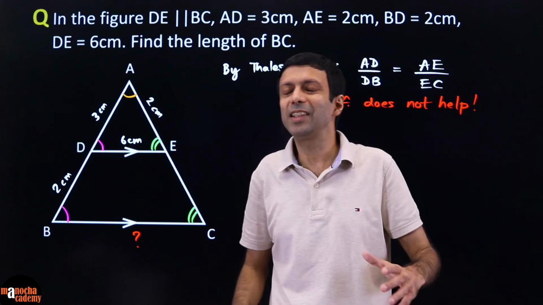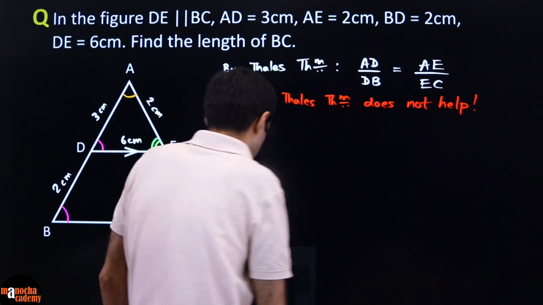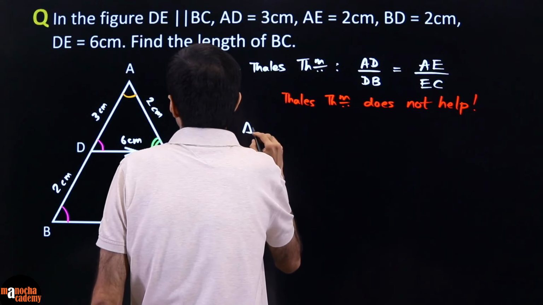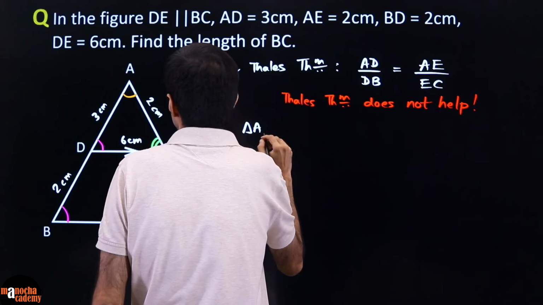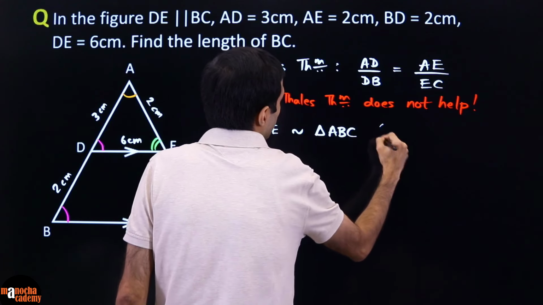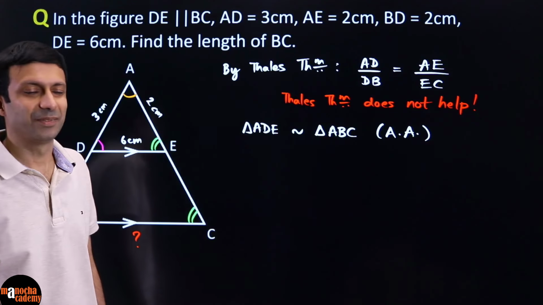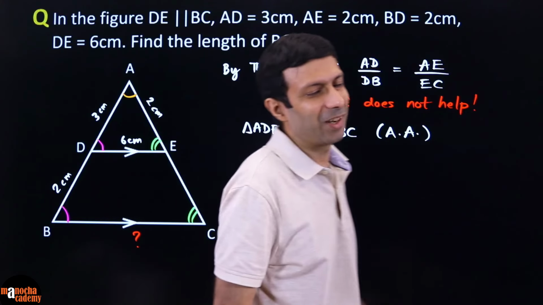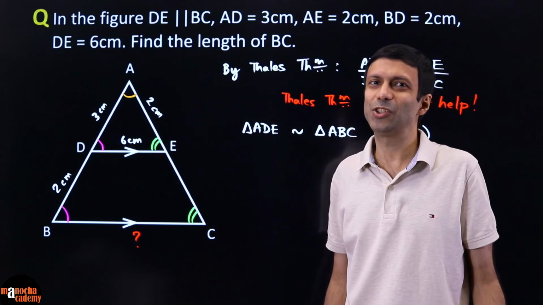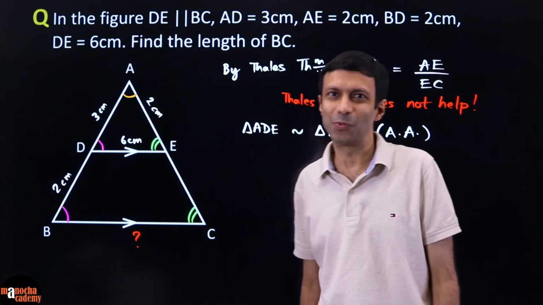So when you can't apply Thales theorem, go to similar triangles. We can say that triangle ADE is similar to triangle ABC by the AA or AAA angle criteria. Once they are similar, the ratio of corresponding sides is equal, and that will help you find the length of BC.